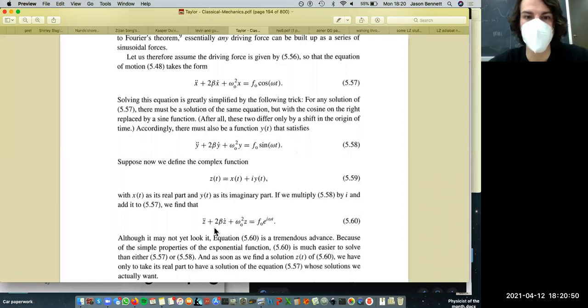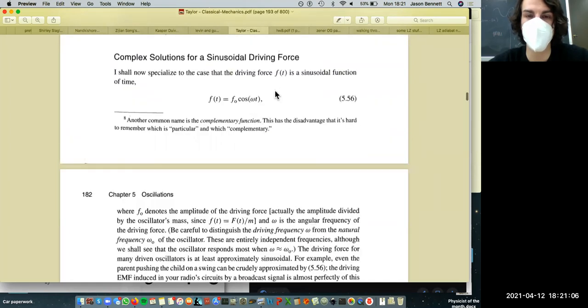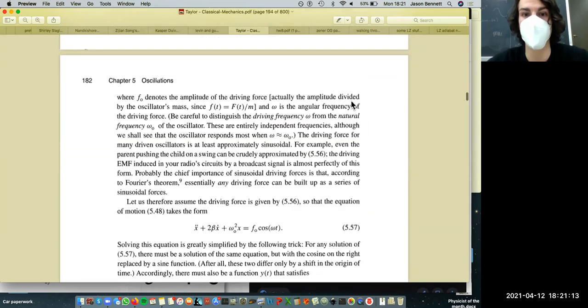So the whole left-hand side looks identical, but the right-hand side now looks a lot easier to work with. Because if we assume the solution is also sinusoidal, which makes sense. I mean, if the driving force up here is sinusoidal, it makes sense that the position or our charge will also be sinusoidal.